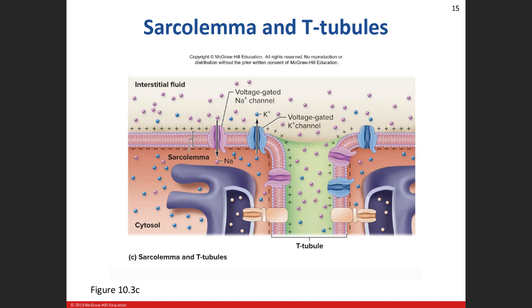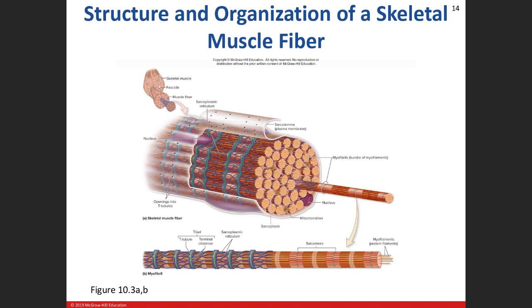We zoom out a little bit more, it's this. See the green tube here? The green tube is the T-tubule, and on either side, that's the terminal cisternae. And then in between these two terminal cisternae, you've got these tubes running across. That's the sarcoplasmic reticulum.